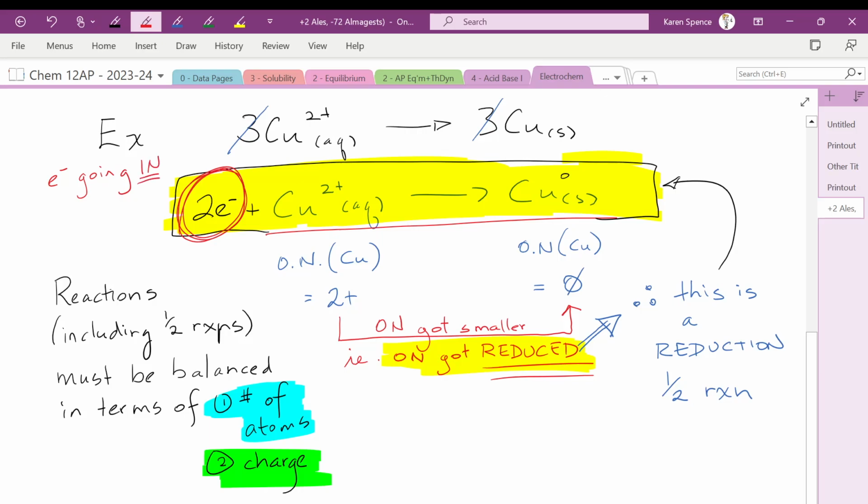Therefore, are we gaining electrons or losing electrons? Therefore, we are gaining electrons, and therefore that would be reduction because Leo the lion says grr. Gaining electrons is reduction. Grr.